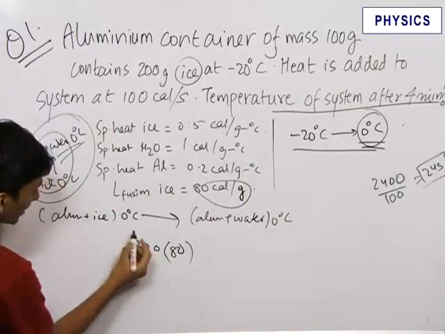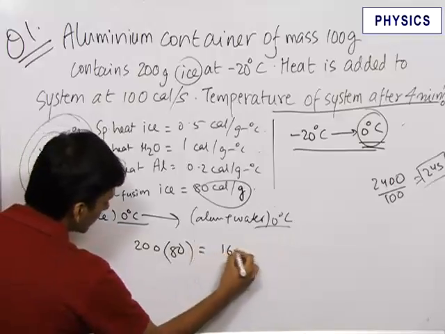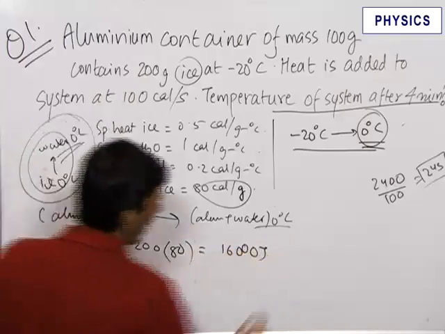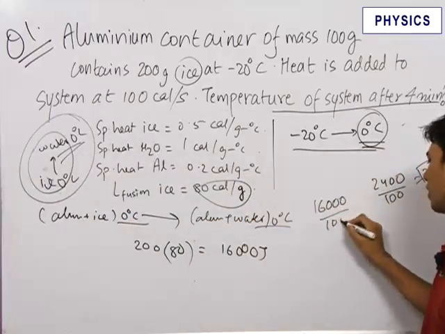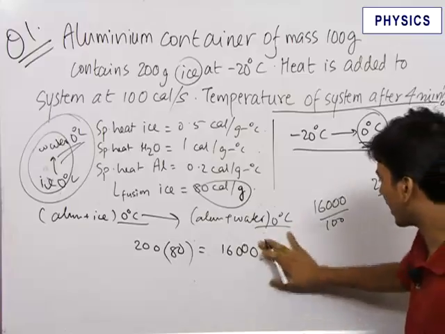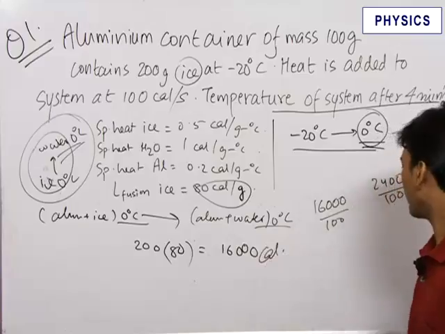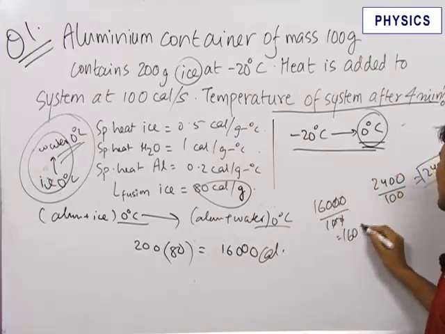So the heat absorbed by the system without change in its temperature is equal to 16,000 calories, sorry. Again the time taken is 16,000 upon 100, that is equal to 160 seconds.